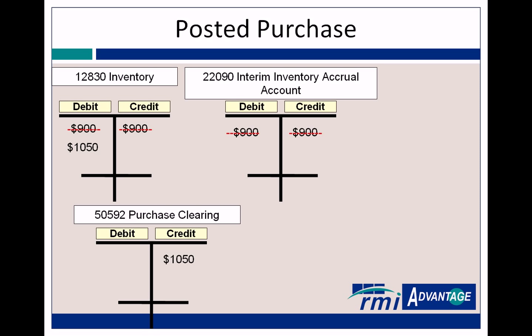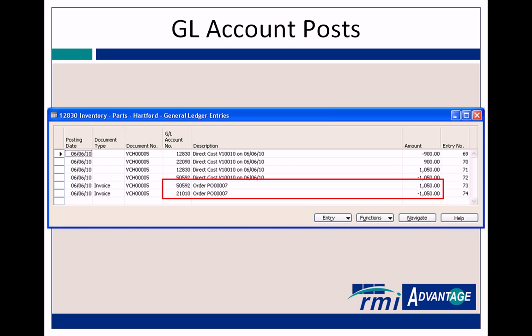Now we're accounting for it in our inventory because we received our vendor invoice. The system posts a debit to our inventory account for the $1,050, and then it posts a credit to this purchase clearing account.